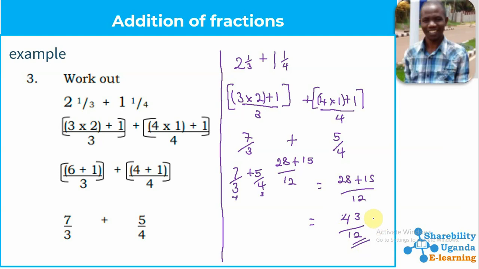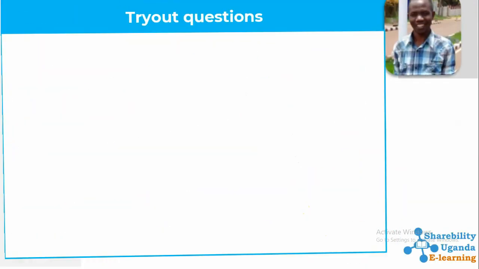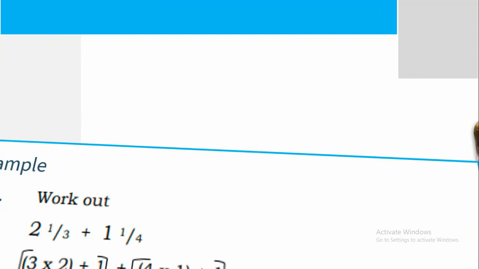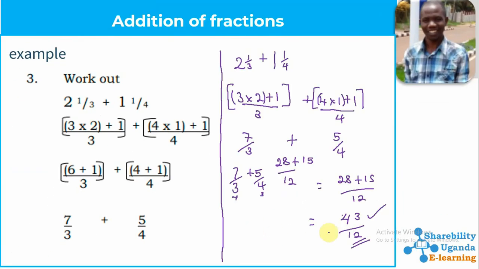So this is going to be our final answer. When you cross-check how they worked out the examples, we are able to come up with our answer. So here we shall have 43 out of 12.